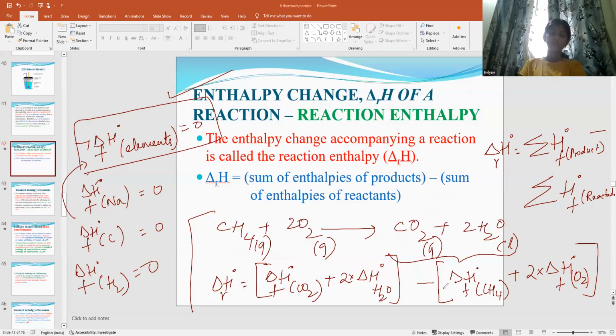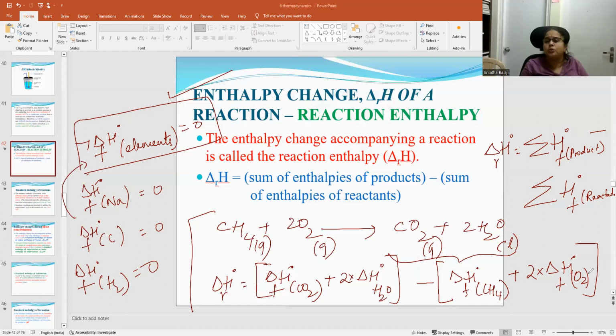Yes. So when I say minus delta H of methane plus 2 times the enthalpy of formation of oxygen, O2 will have a value 0 now. So you're left only with methane on the reactant side. Are you getting it? That is something you have to remember and use. Nobody will give you the value that it's 0. Keep that in mind.